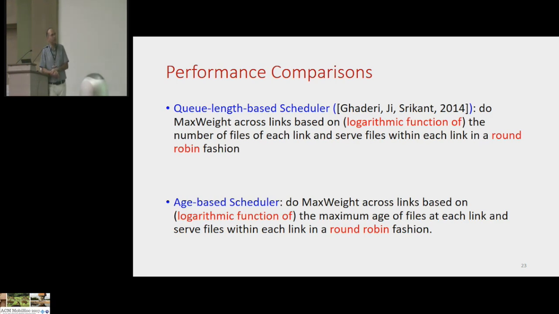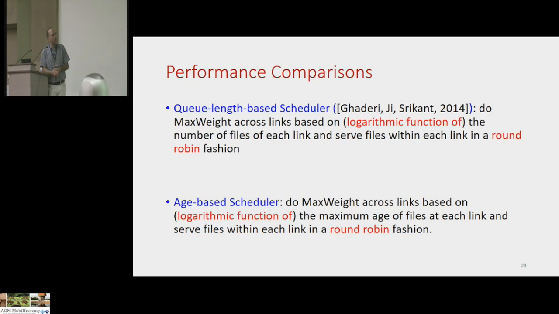It chooses the links using the maximum weight on the logarithmic function, again, of the number of files at the link. So the number of files, not the content of the files, is the weight, and the logarithm of that number is used for the max weight decision of which links to activate.